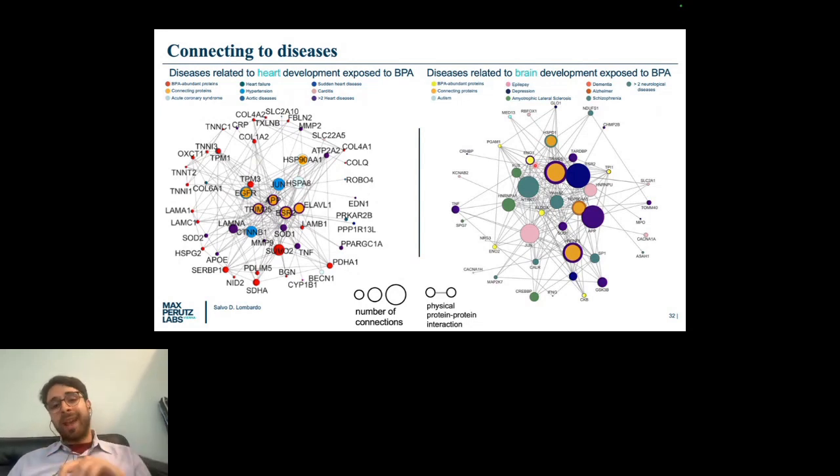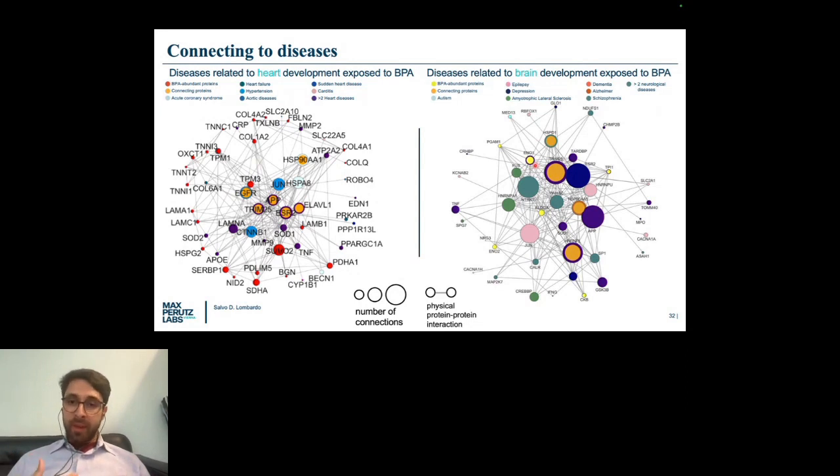So of course, we are not saying that bisphenol A is causing those diseases, but for sure it is causing a protein signature or protein perturbation that is similar to the one found in disease contexts, and that potentially could lead, after a chronic exposure, or at least could contribute to it.